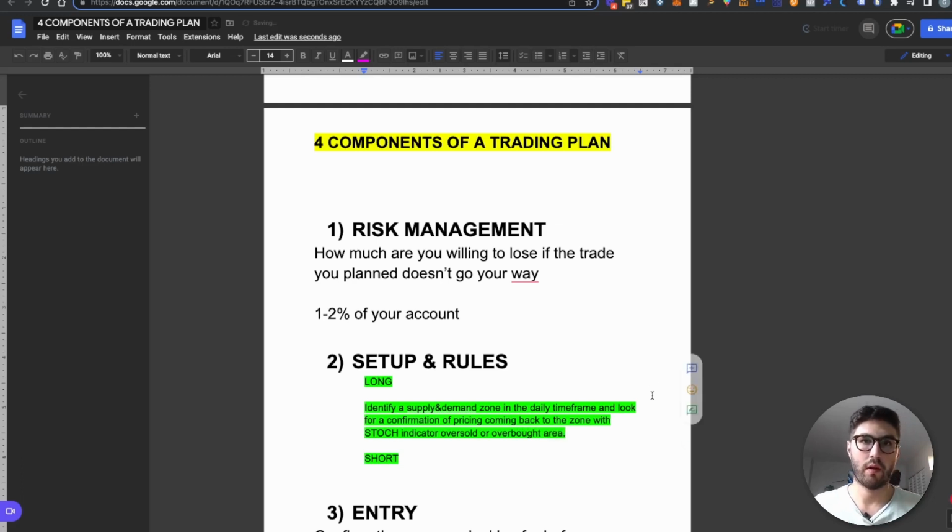Okay, so with these simple rules, you are clearly identifying where you want to enter that specific trade when you're going long.